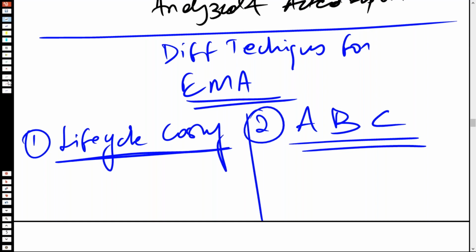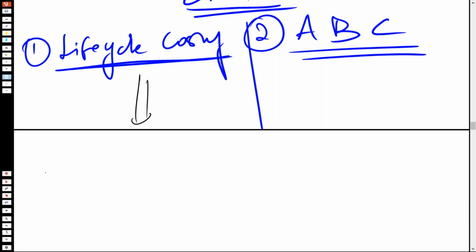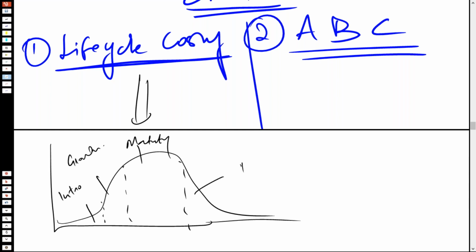So basically what happens is, what exactly do you mean by this life cycle costing? Under this technique of life cycle costing, what you do is that you generally know that this is a normal product life cycle where we have got an introduction phase, the growth phase, a maturity phase, and this is the termination phase.